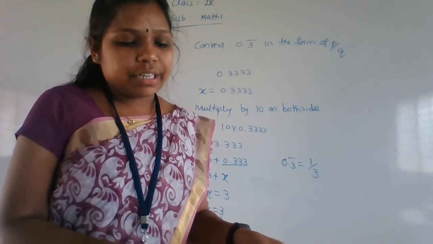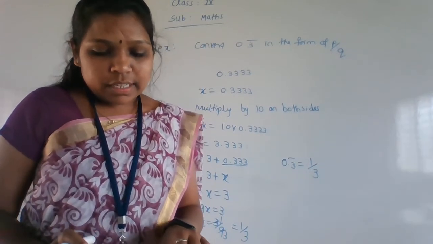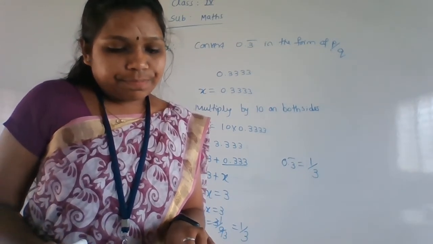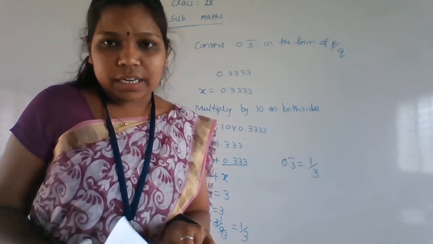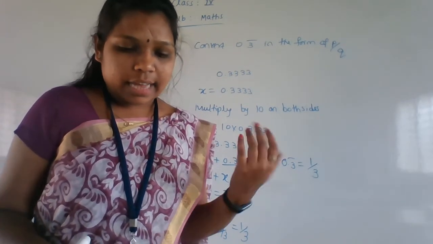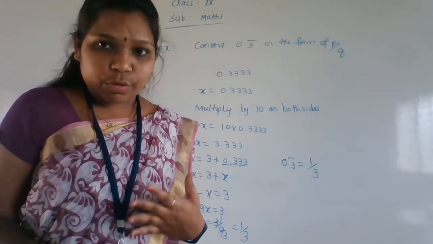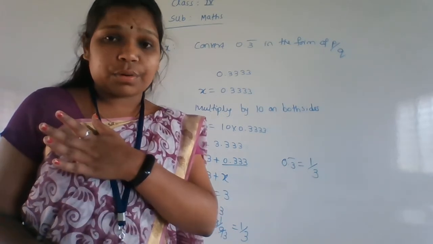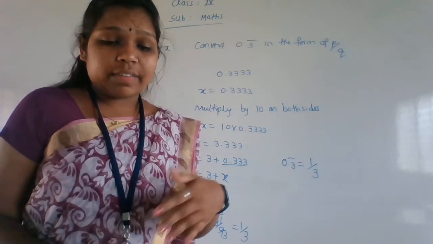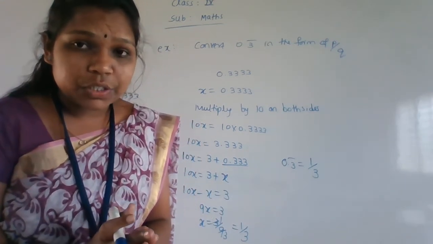Next thing they have given here, root 2 and pi, is nothing but an irrational number. I told you in the last class, because root 2 value is 1.4142356 and so on. However, in finding the value it will never repeat. So what is the definition of irrational and rational?